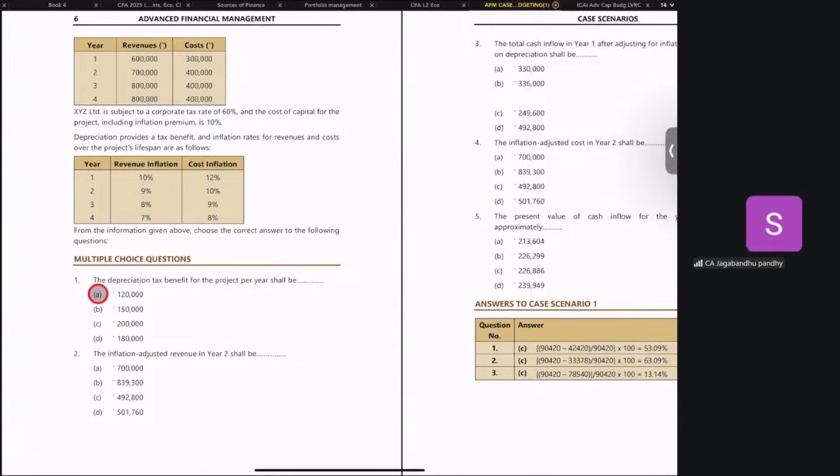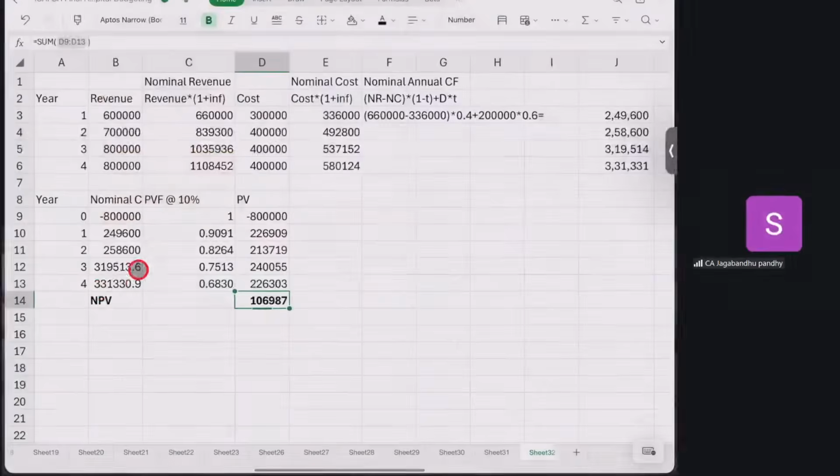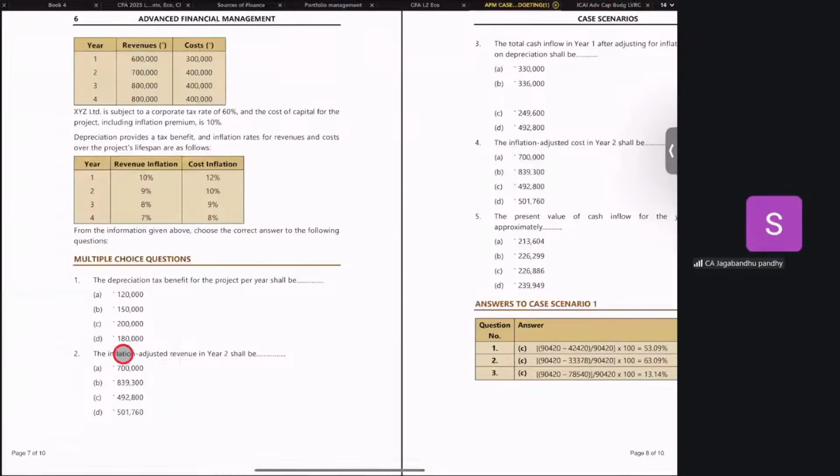Then, second thing, inflation adjusted revenue in year 2 shall be 839,300.